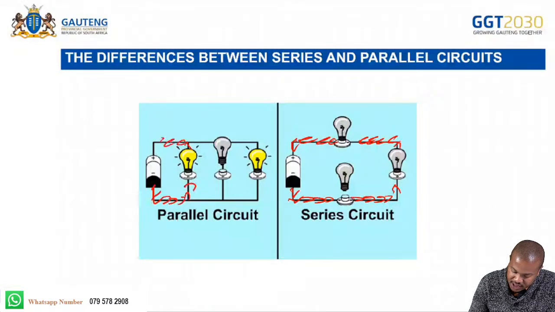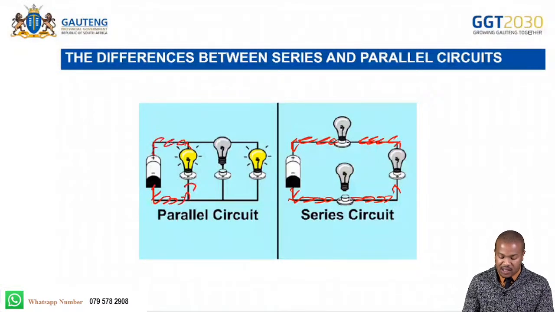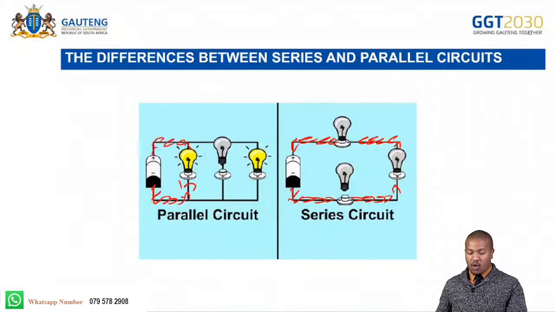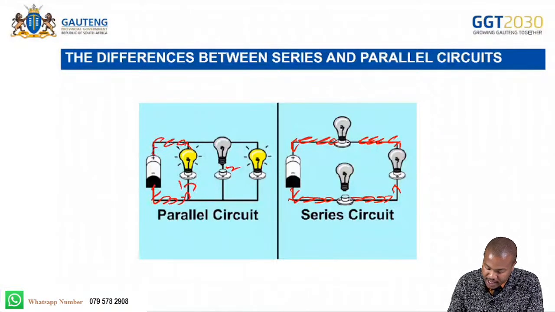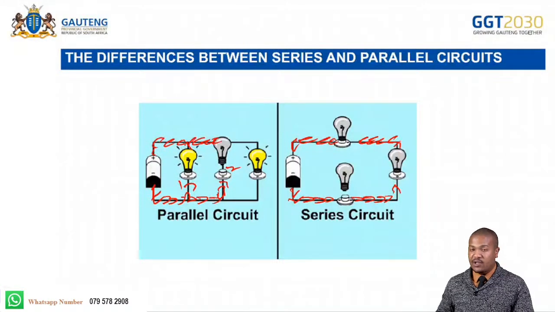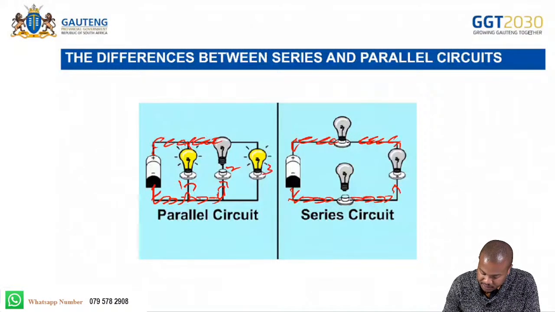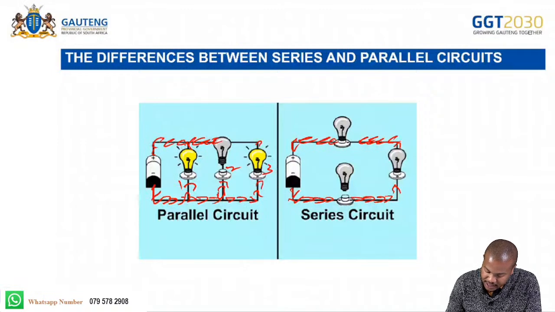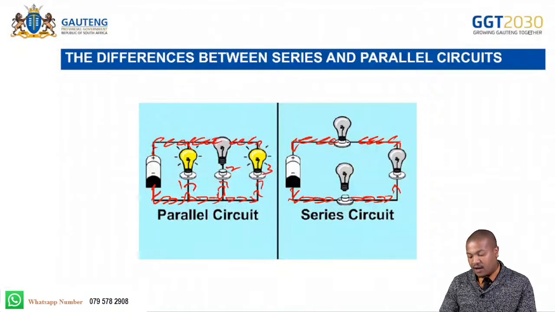It has many branches, right? When you look at light bulb 1, it has its own branch. Light bulb 2 has its own branch also where current can flow. Are we together? Then light bulb 3 also has its own pathway where current can flow.